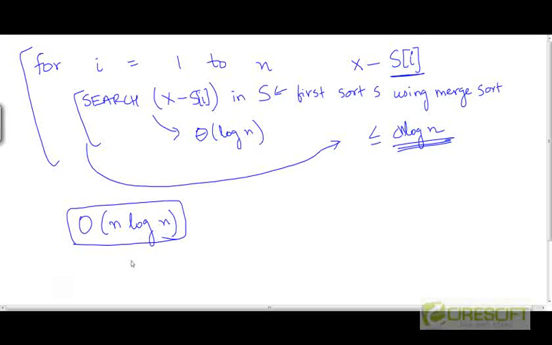We can also prove that in the worst case, we're going to have a lower bound of n log n because binary search in the worst case is going to take time theta of log n. This means there will exist a constant c such that this running time is bounded from below by some constant times log n.